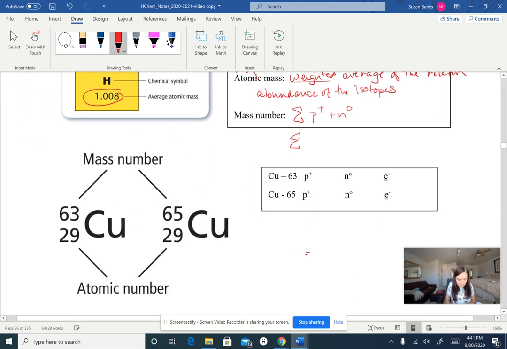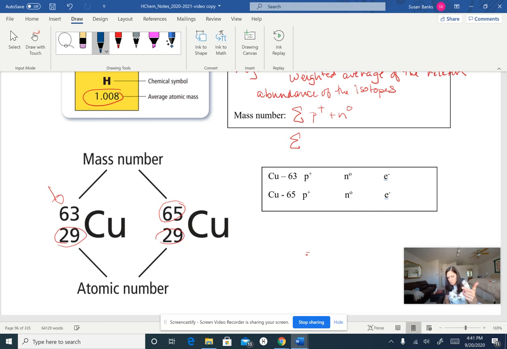We've got 2 isotopes of copper. Notice they both have 29 protons, but one has a mass of 63, so we put a mass number on top, and one has a mass number of 65. With this, we can figure out how many protons, neutrons, and electrons both of these isotopes have.